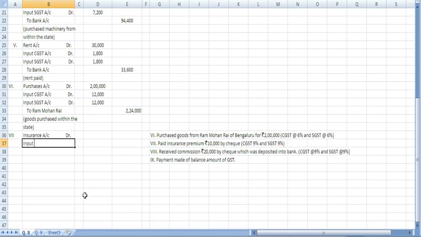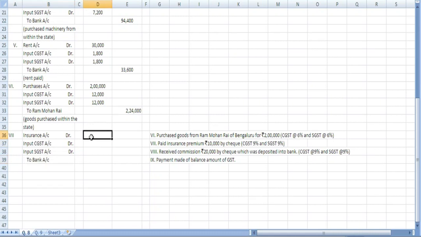So we will write input CGST debit and input SGST debit, and this we are paying in terms of check. So we will write here to bank account.